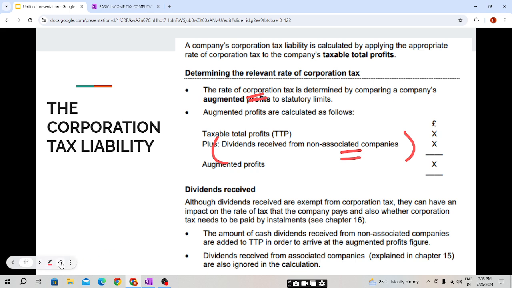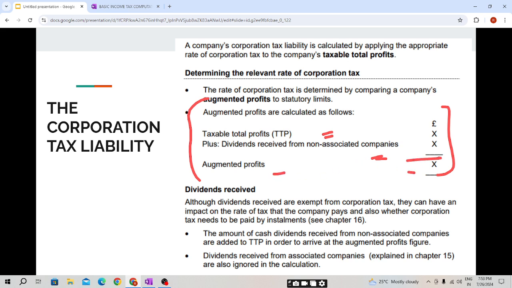The dividend received from the non-associated company will be used in the calculation of augmented profit, which will help us to determine the rate of corporation tax. So students, the augmented profit is calculated as TTP plus dividend received from non-associated companies. Although dividends received are exempt from corporation tax, they can have an impact on the rate of tax that the company pays and also whether corporation tax needs to be paid by installments.